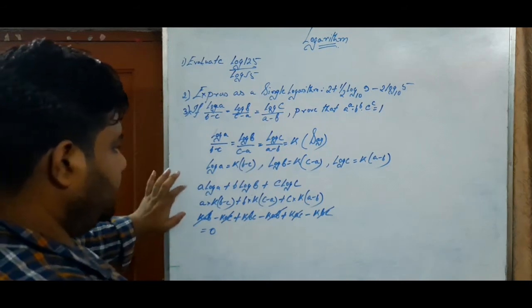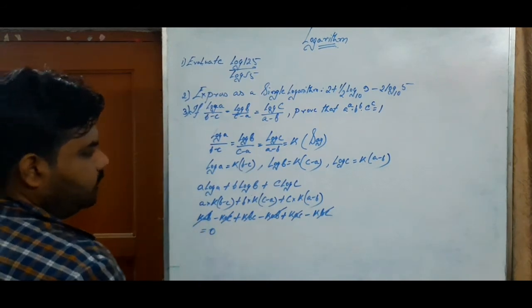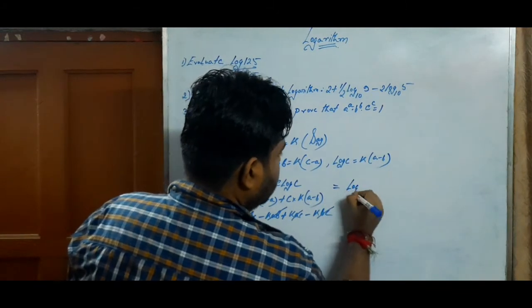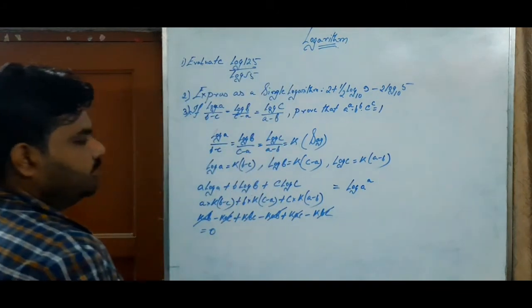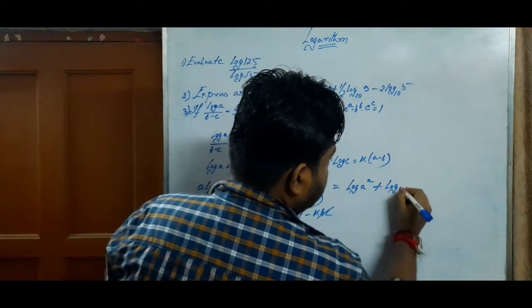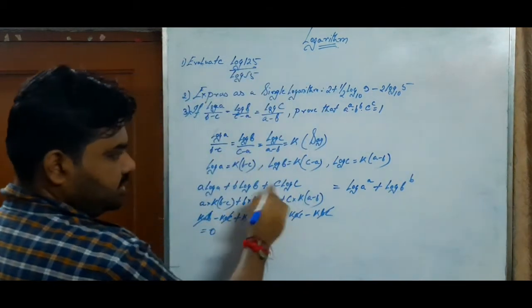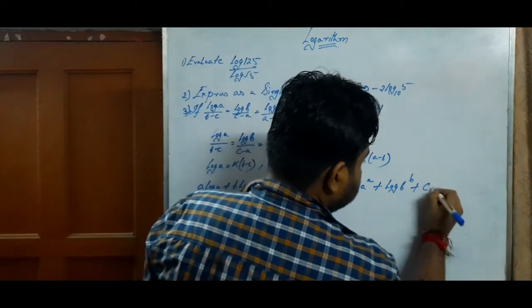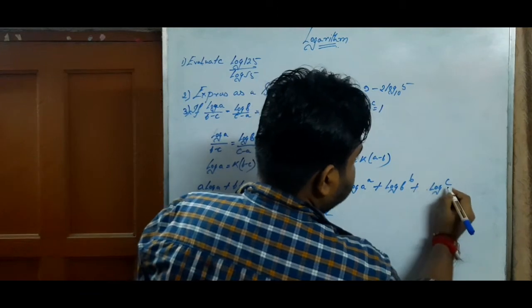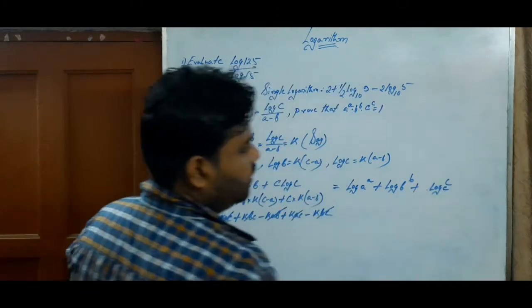Now this one, we can write a log a means log a to the power a, plus b log b means log of b to the power b, and c log c, that is log c to the power c.